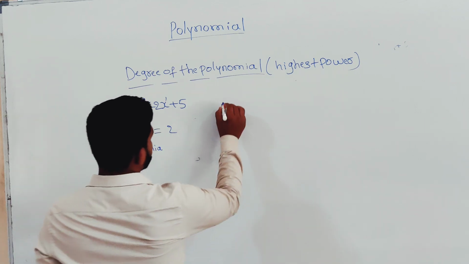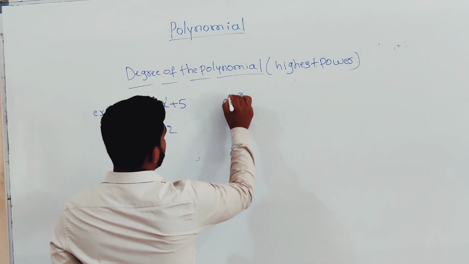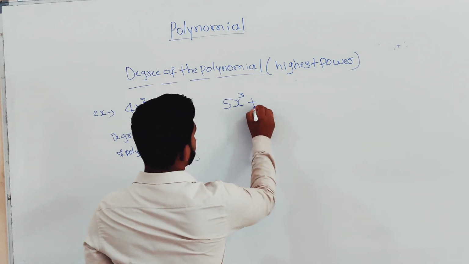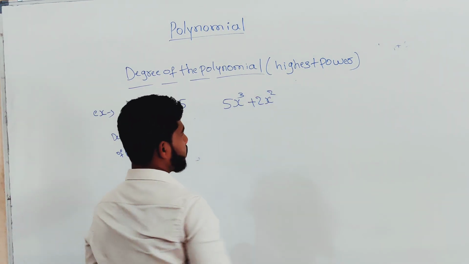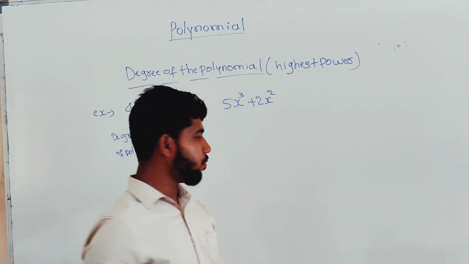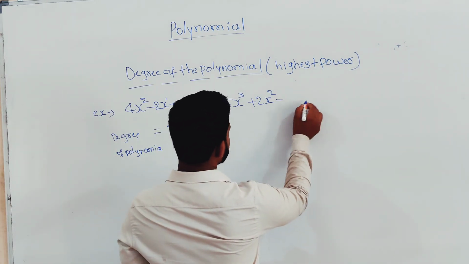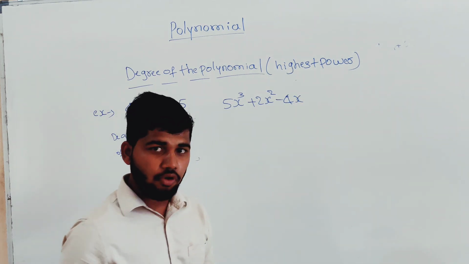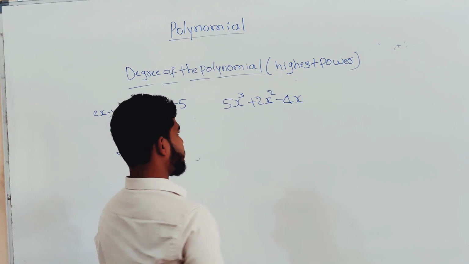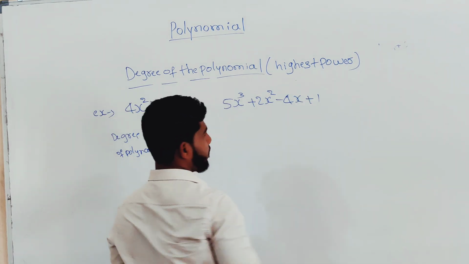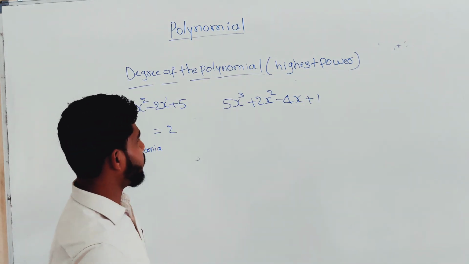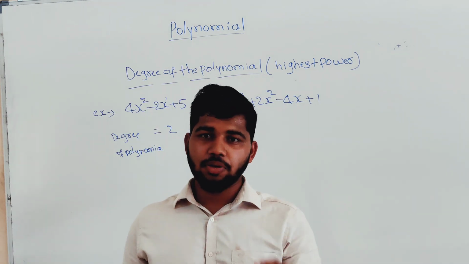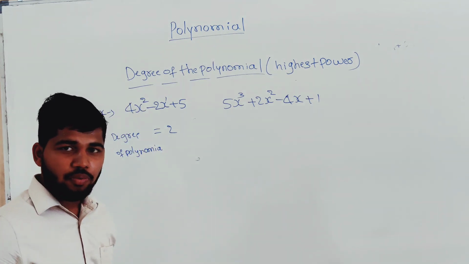Take another example: 5x cubed plus 2x squared minus 4x plus 1. What is the degree of the polynomial?